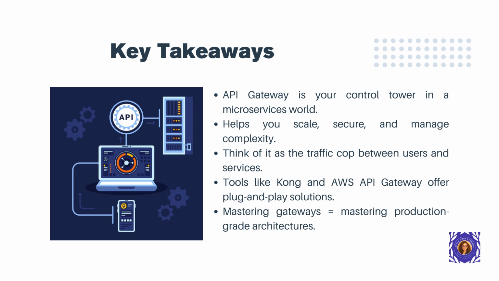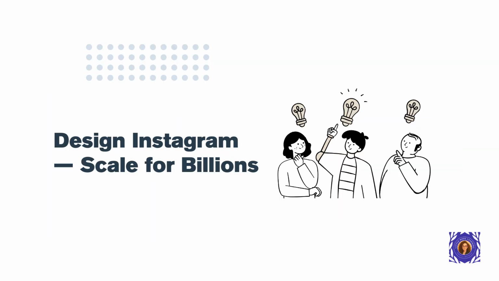Tools like Kong and AWS API Gateway offer plug-and-play solutions that let you implement these patterns without building everything from scratch. Mastering API gateways is a critical step toward building production-grade architectures that can evolve and scale with your business needs.